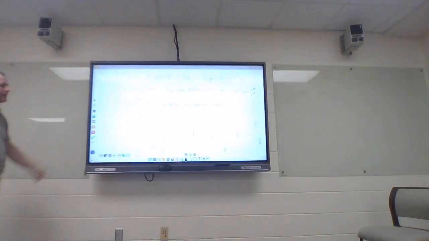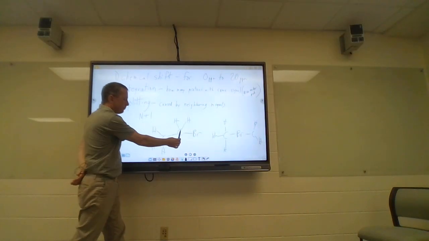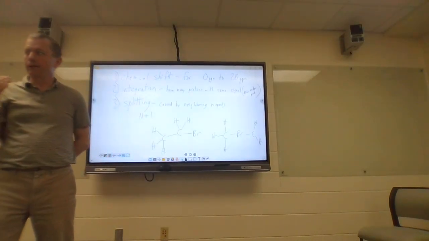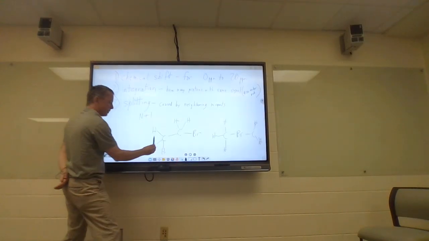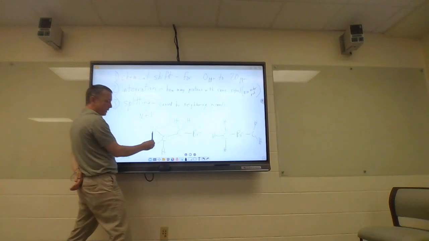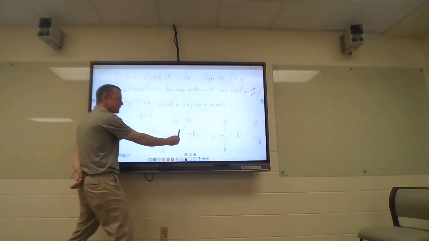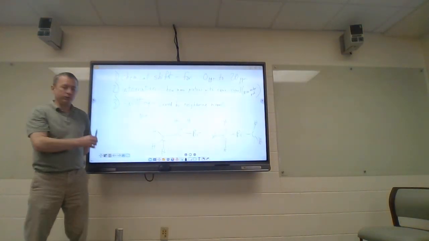So you can see this peak at 3.5 now appearing as 4 peaks. On the flip side, these are coupling with that. You look at this peak at around 1, integrates to 3, but now it's next to how many? 2.